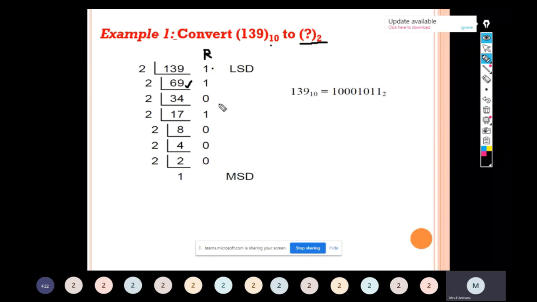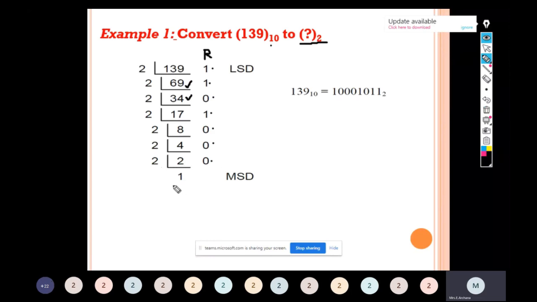The remainder will be 1. Next, again divide by 2: 34 twos are 68, so the remainder is 1. 17 twos are 34, remainder is 0. 8 twos are 16, remainder is 1. 4 twos are 8, remainder is 0. 2 twos are 4, remainder is 0. 1 two is 2, remainder is 0.